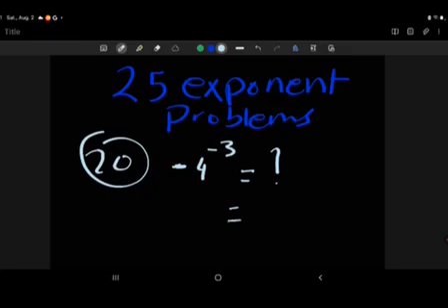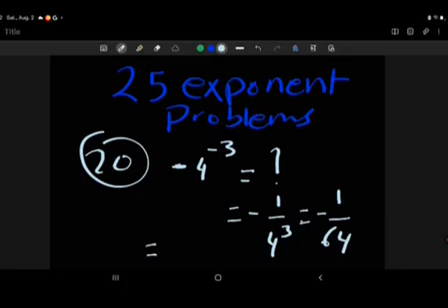So the way I do it, I just put my negative, nothing happens to that, and then I deal with the exponentiated number. So it's going to be 1 over 4 cubed, and then at that point it becomes negative 1 over 64, which is 4 cubed.